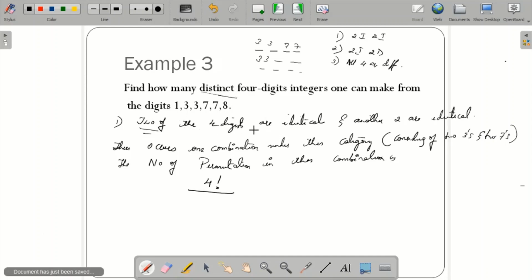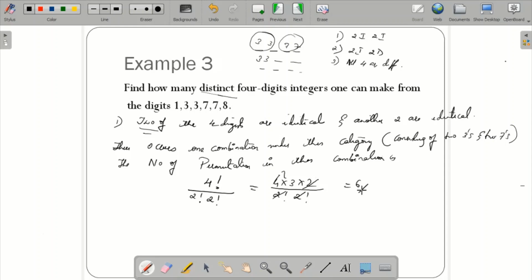Two of the digits are identical and another 2 are identical, so repetition should be divided: 2 factorial by 2 factorial. So 4 into 3 into 2 divided by 2 factorial, this gets cancelled, and again 2 factorial is 2. So totally you will get 6.